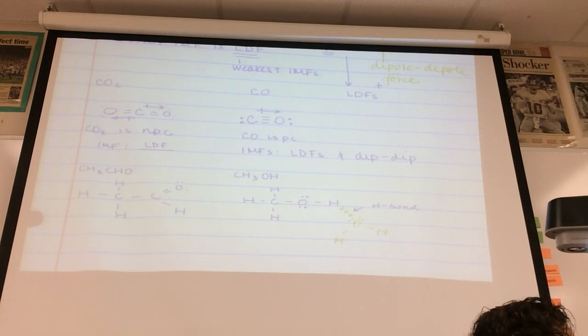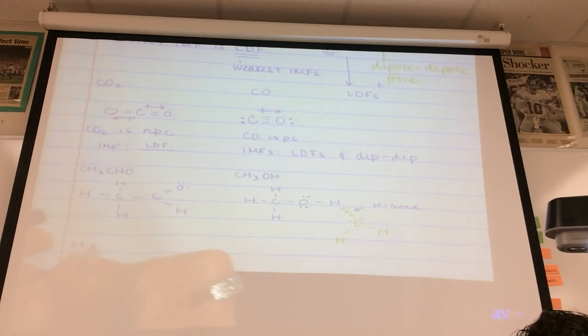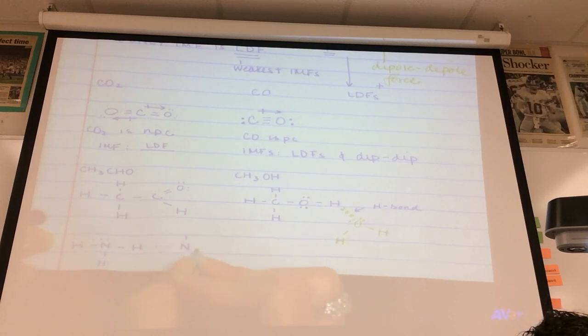Ammonia is another one, NH3, that can hydrogen bond. So ammonia also is capable of hydrogen bonding.